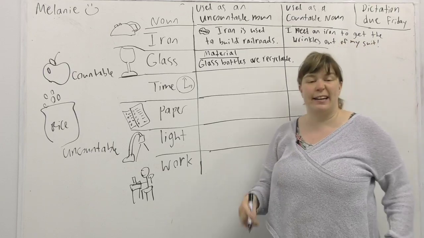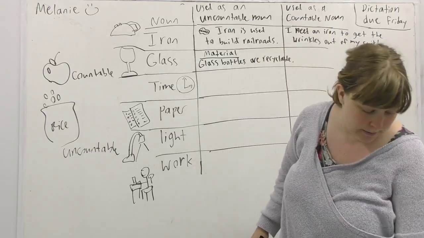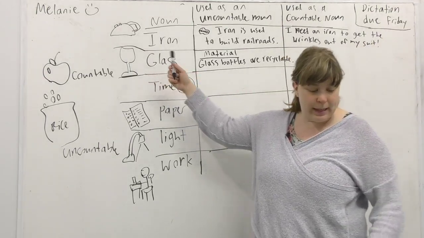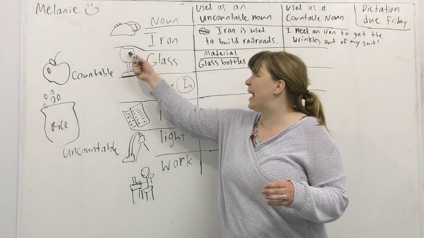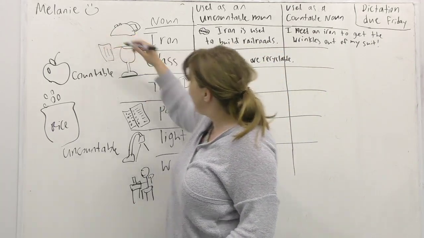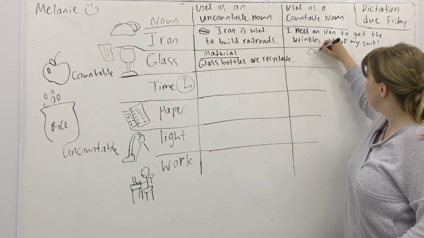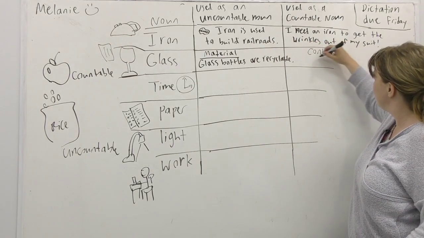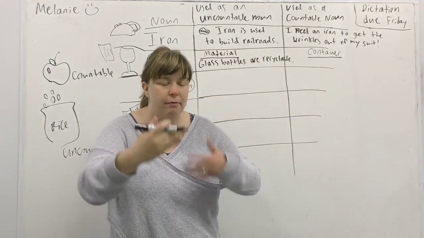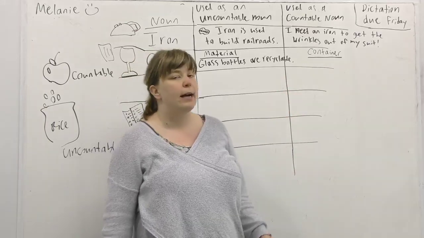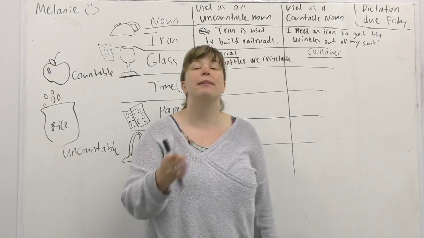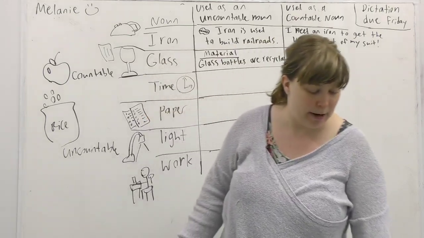Now, what about if we're talking about a container? When I say container, we're talking about maybe like a wine glass or a drinking glass. So here I'm gonna put container. I'm not gonna write out every single example sentence because it's going to get very busy up here, I think. So if you do want me to write out any example sentences, please let me know, okay?